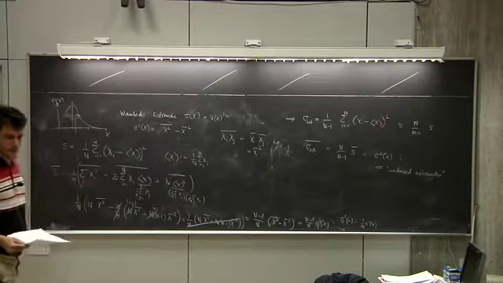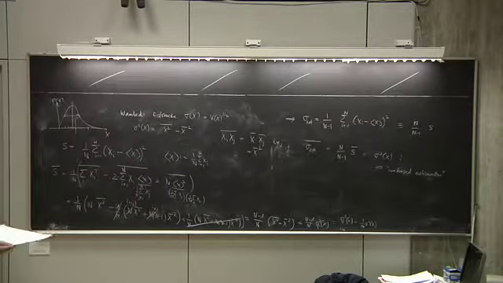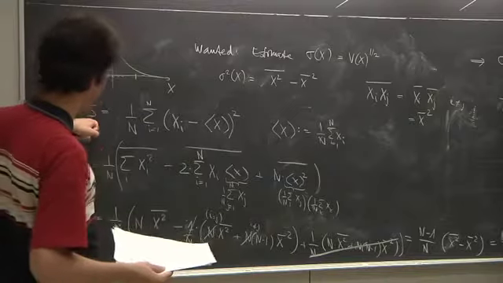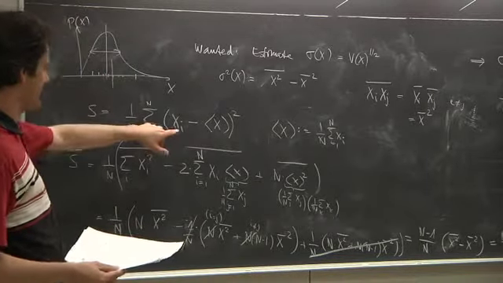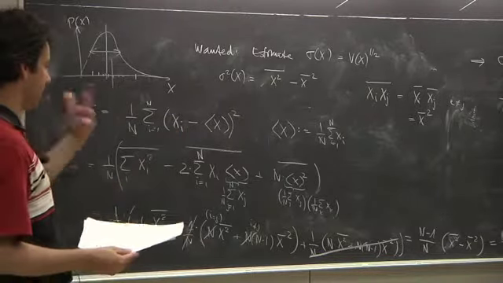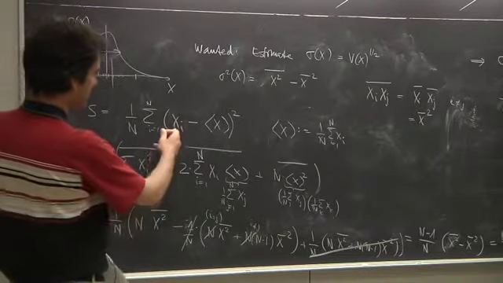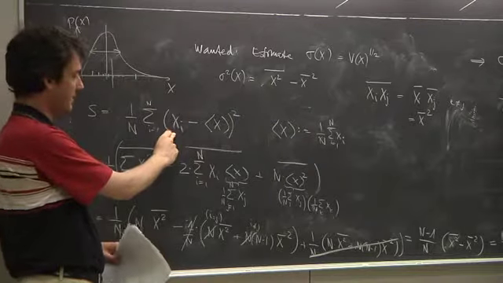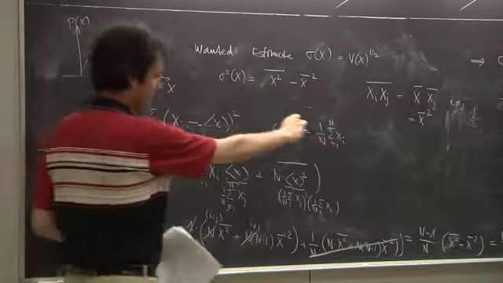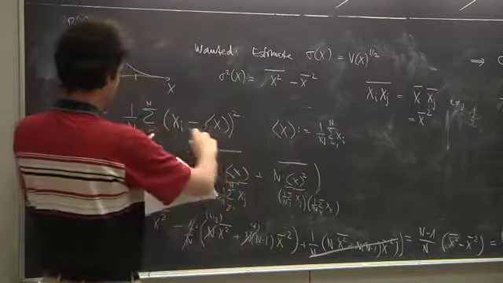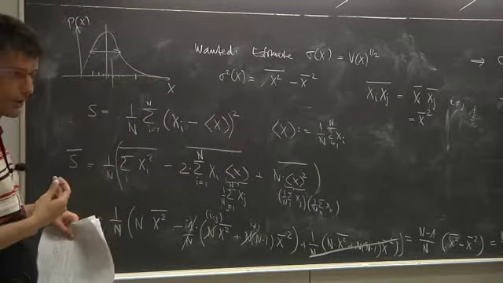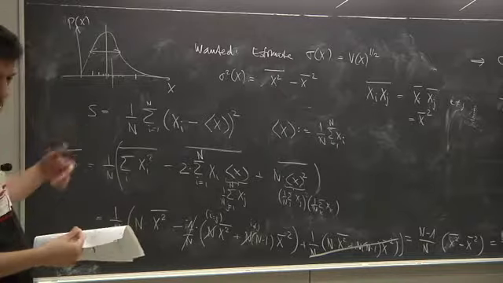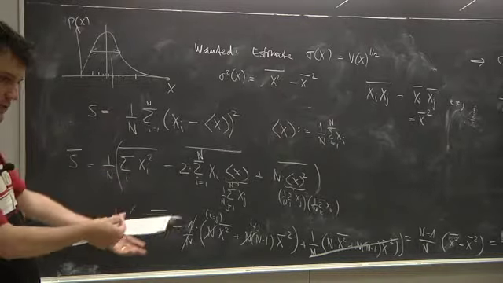Yes? What exactly is S? S is a random variable, which is the result of your n measurements. So you take n values of a velocity, for example, and you calculate this value out of the n variables that you drew. So S is itself random because it's the result of a random process.